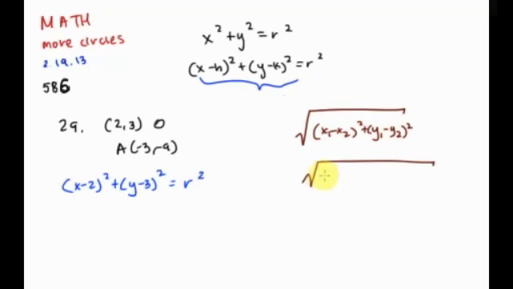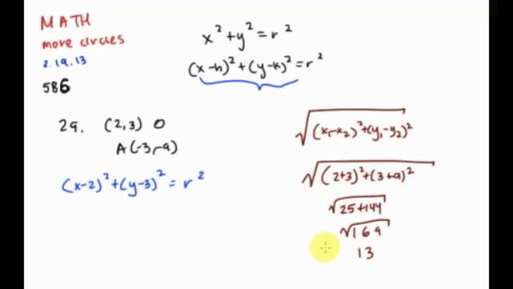So let's plug in some numbers here. 2 plus 3 squared plus 3 plus 9 squared. 25 plus 144, that's 169. So our radius is going to be 13. So our final equation should be x minus 2 squared plus y minus 3 squared equals 169. Not bad.